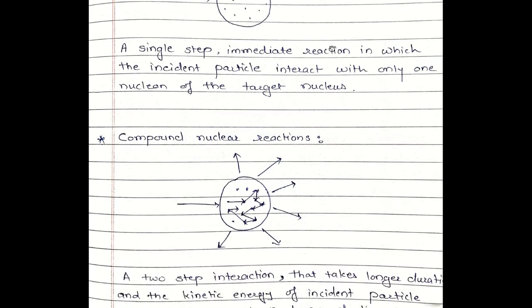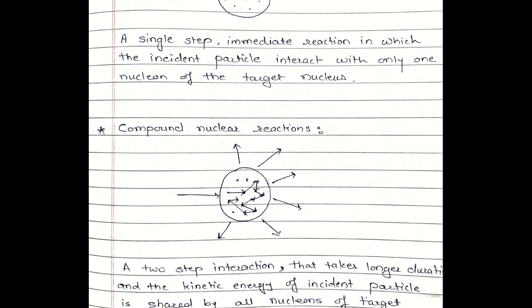But in case of the compound nuclear reaction, as we have said, once the compound nucleus is formed, it totally forgets the way of its formation, and in this way we can say the forward momentum of the particle will not be conserved here.